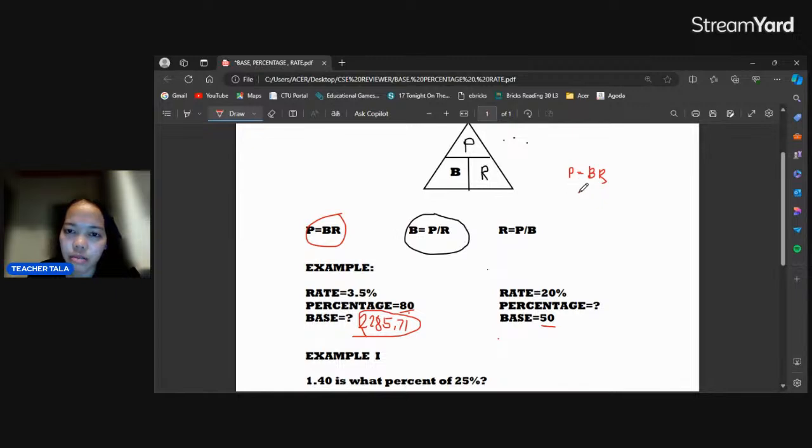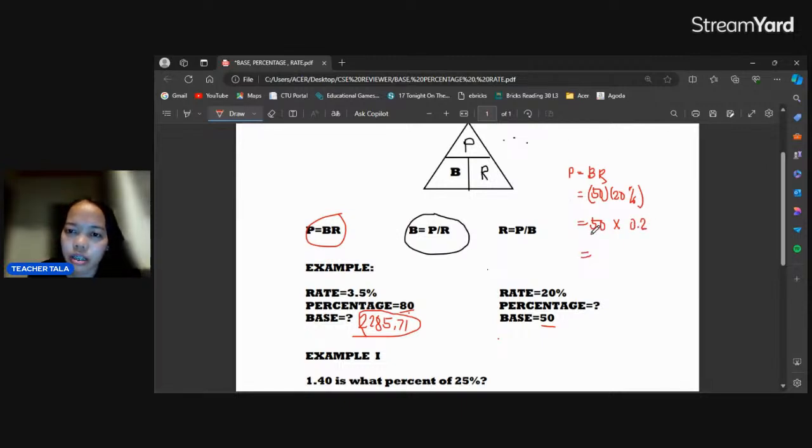Now percentage is missing. So that's equal 50 times 20%. So that will be in decimal point times 0.2.